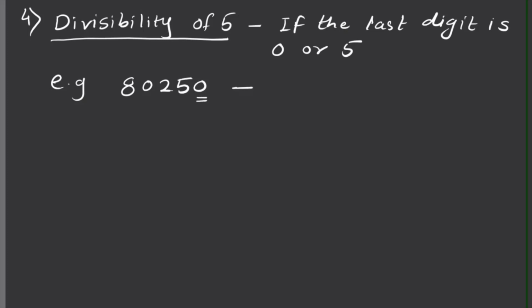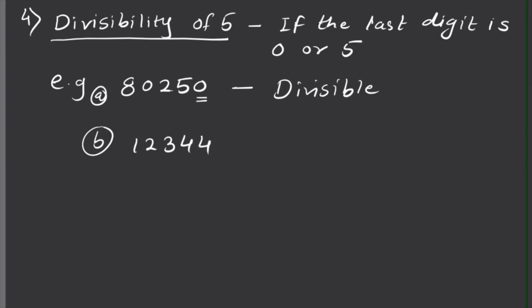That's why this whole number 80,250 is divisible by 5. Let's have another example. 12,344. In this example, the last digit is 4, which is not divisible by 5. That's why the whole number 12,344 is not divisible by 5.